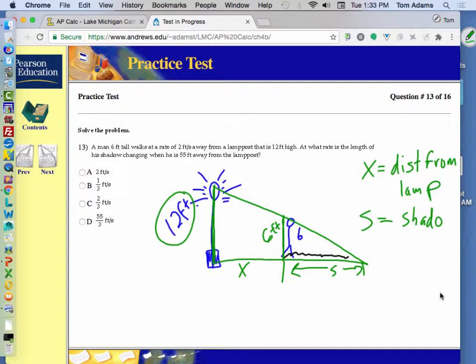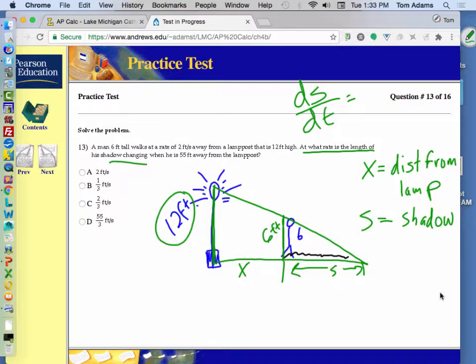And that's the question we're asked: at what rate is the length of his shadow changing? So what we're curious about is ds/dt, because this all happens with respect to time. And he's walking away at a certain rate, and that has an impact on his shadow.